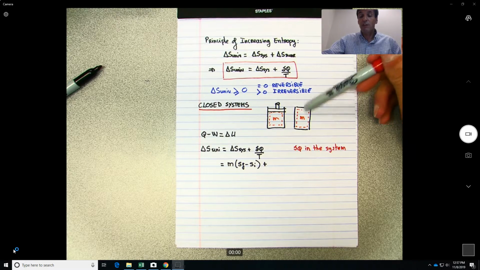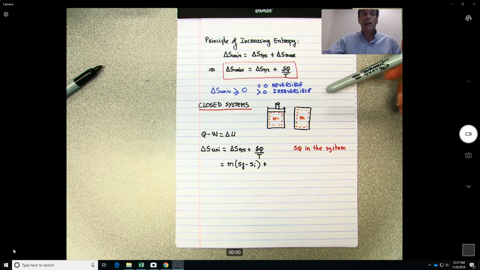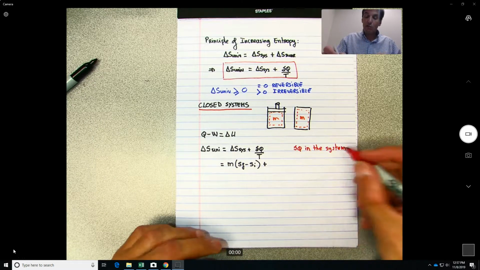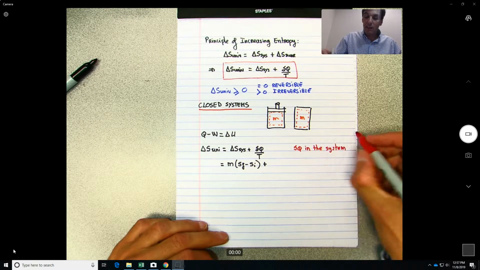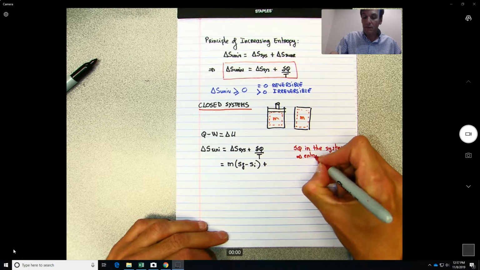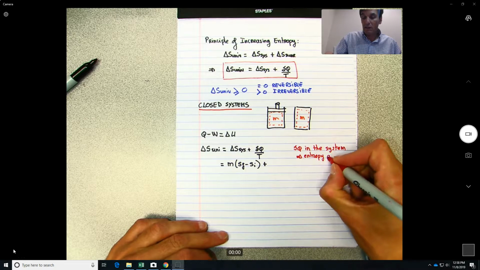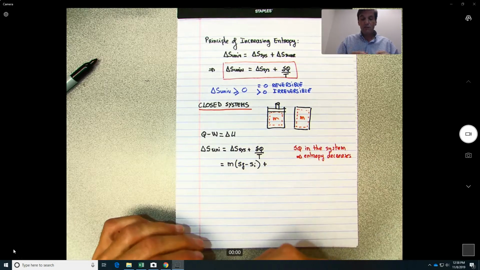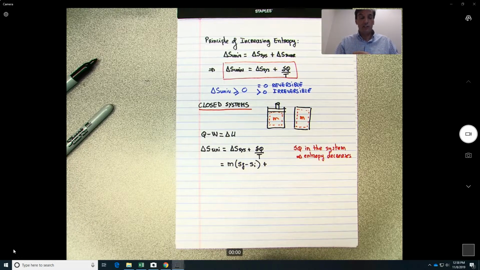If somebody puts energy inside, it helps you use your energy in a better way. So actually, if heat goes into the system, the entropy decreases, because somebody is helping you to lose less energy.